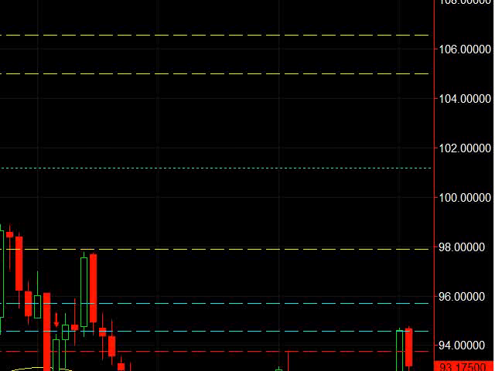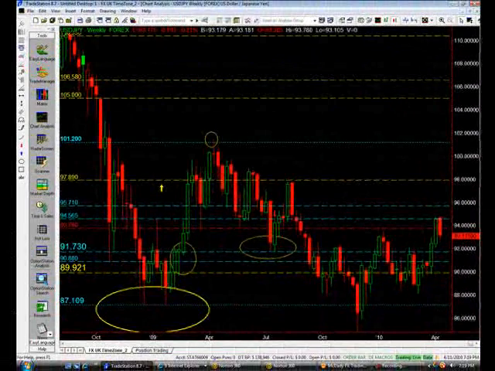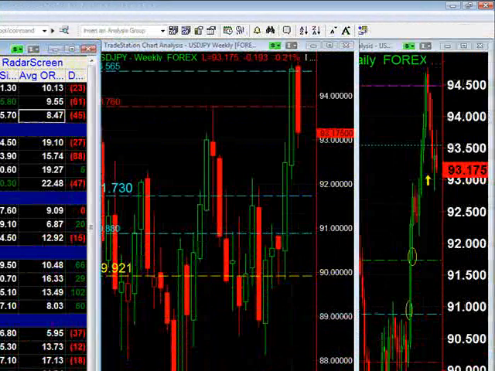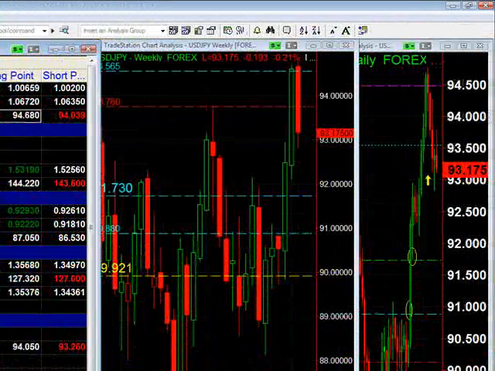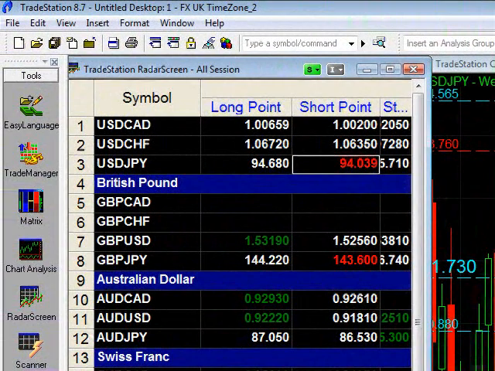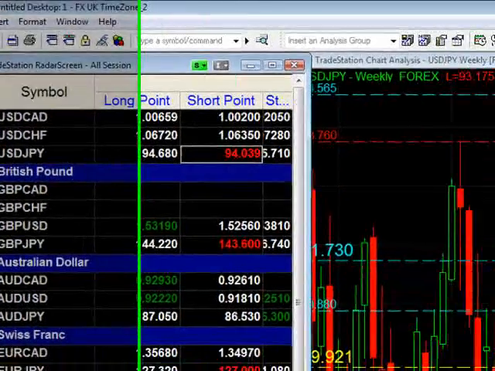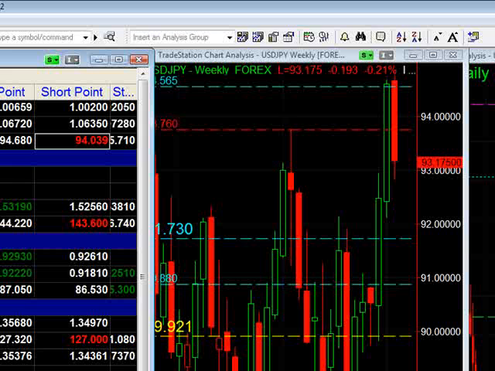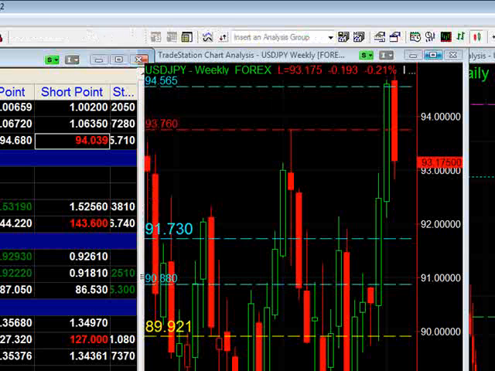And if you look at our shorting point, in this case our shorting point was the 93.76, and if you look at your radar screen, on the weekly chart we had 93.76, and on the daily chart we had another earlier shorting point, which is the 94.09.